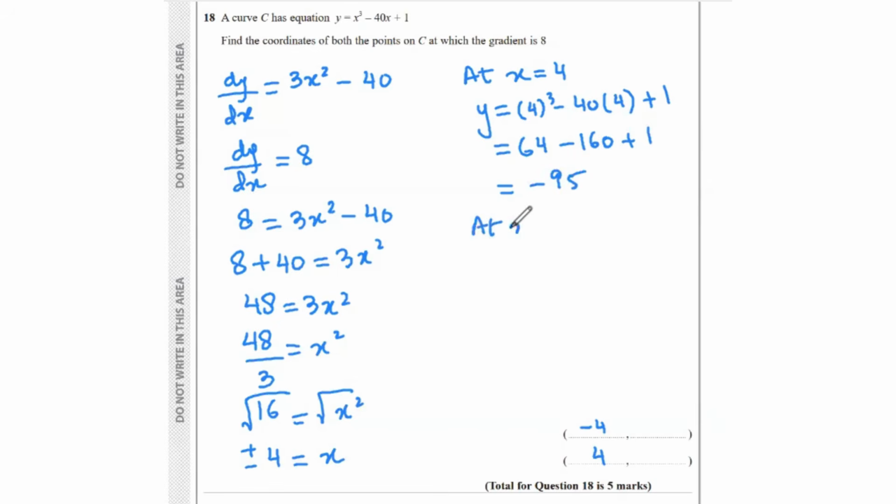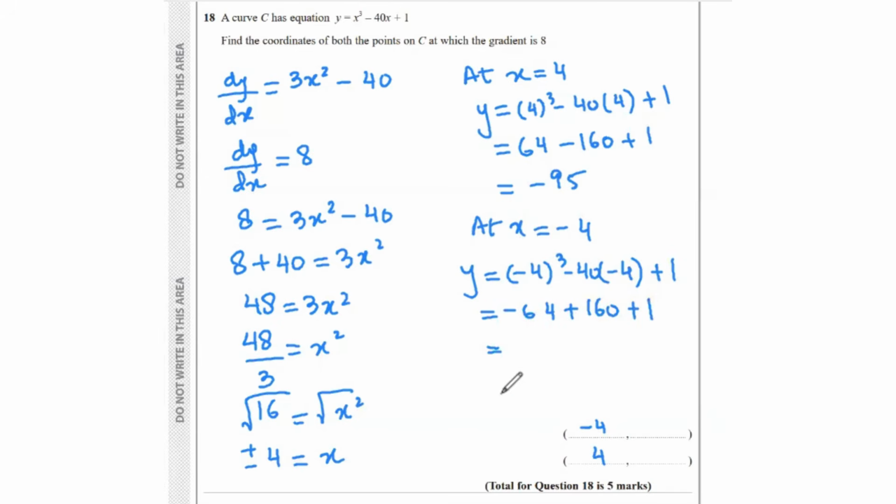And at x equals negative 4, y would be negative 4 cubed minus 40 times negative 4 plus 1, negative 64 plus 160 plus 1, and that gives us 97. So this is going to be 97, and this is negative 95. These are your answers.